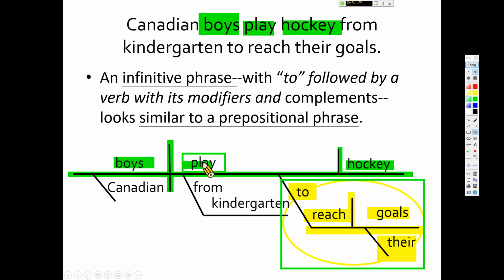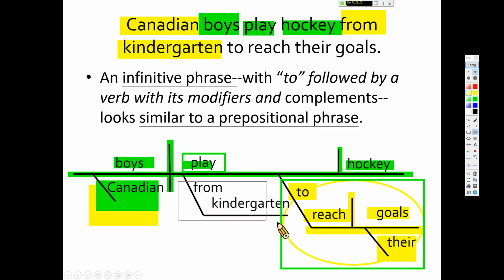So boys play hockey, and what kind of boys? Canadian boys. And from kindergarten. So "from kindergarten" is the adverb to modify "play."